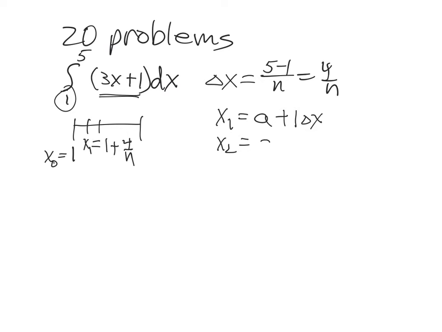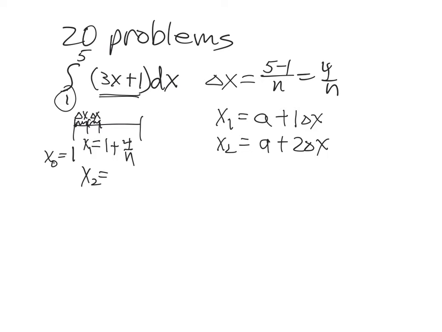Then x sub 2, a plus 2 delta x. You can kind of see that from 1 to 2 would be another delta x, so kind of following that pattern.